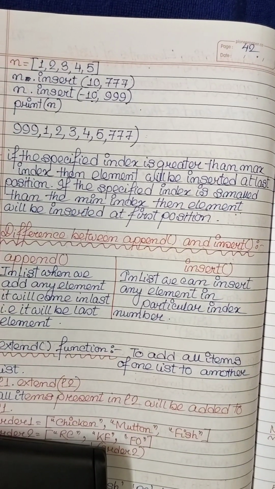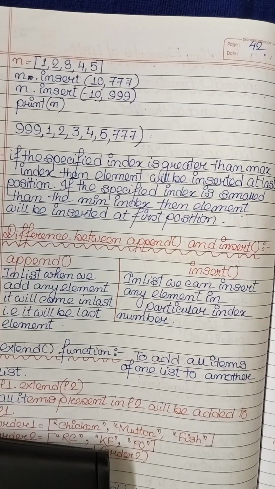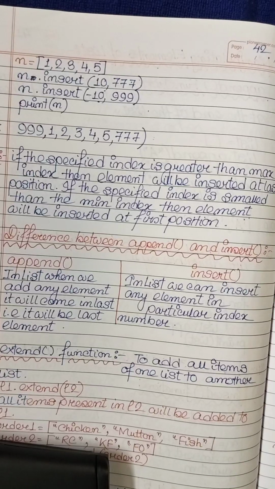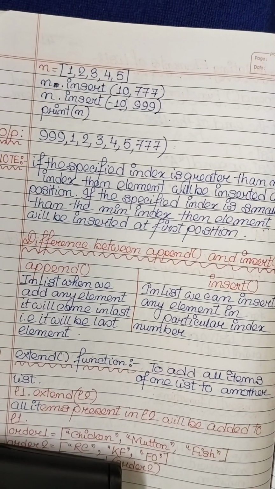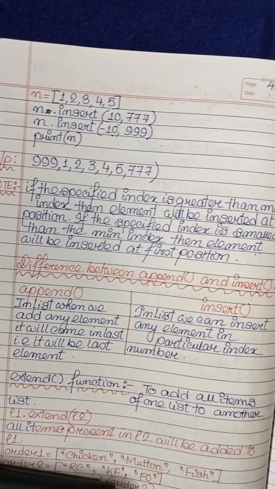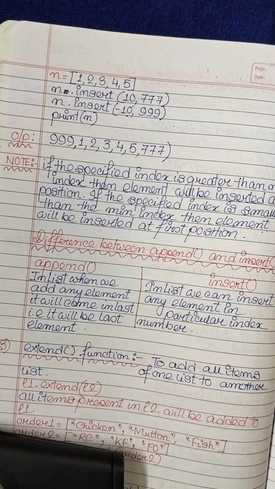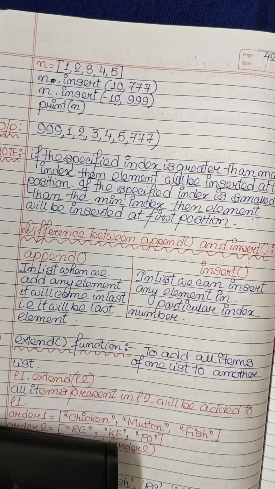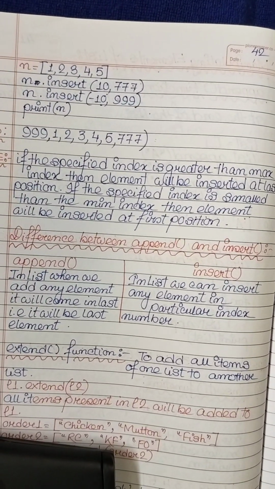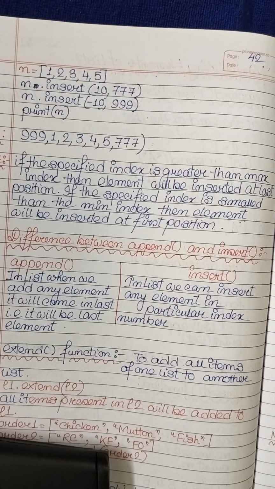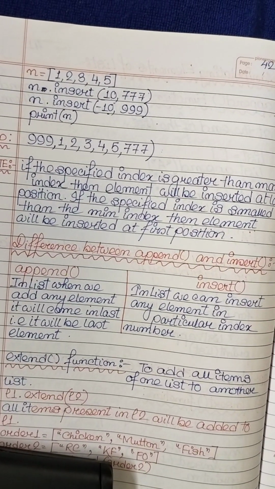Insert means in a list we can insert any element at a particular index number. Okay friends, for today we have read these functions, append and insert, and the difference between them.